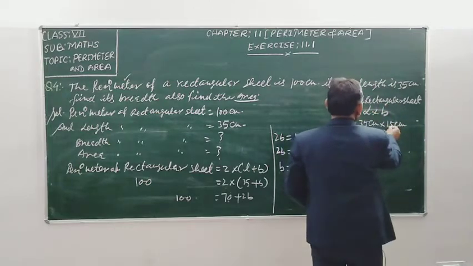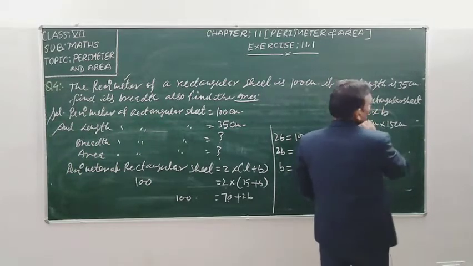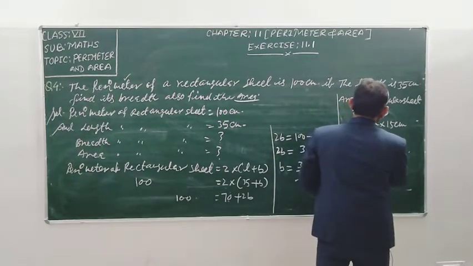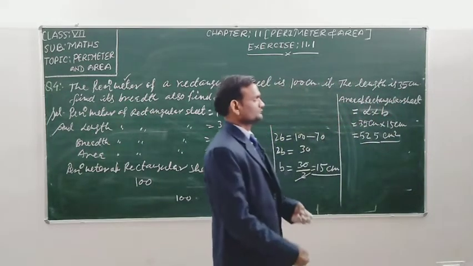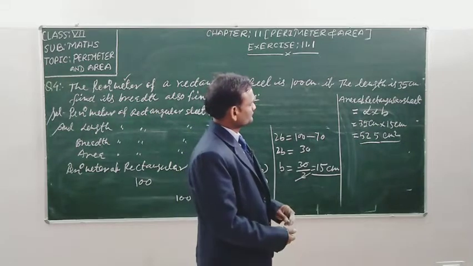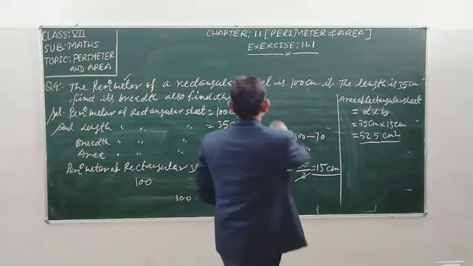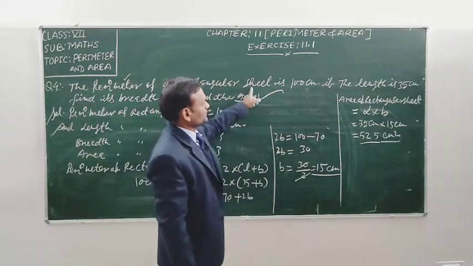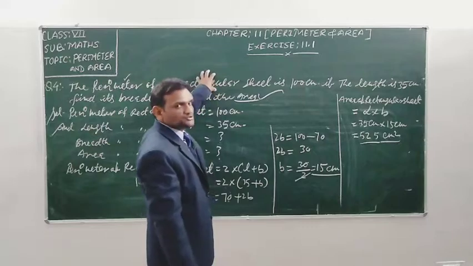Now multiply: 15 times 35 is 525 centimeter square. 525 centimeter square is the area of the rectangular sheet and 15 is the breadth of the rectangular sheet.